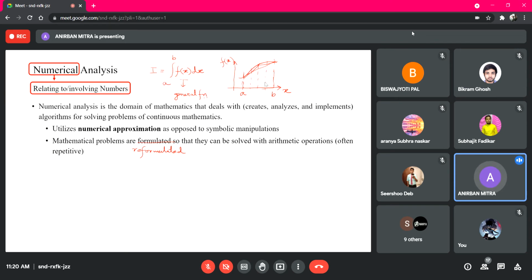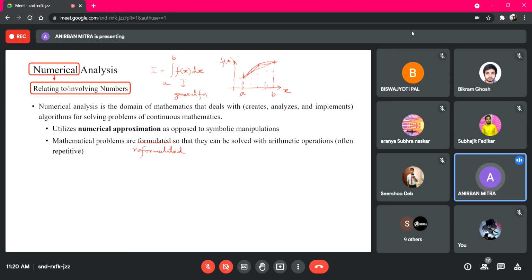One is that we prefer arithmetic operations, often repetitive arithmetic operations, to symbolic manipulations or the exact methods. And the second one, which is quite important to remember, is that the results provided by numerical analysis are approximate results.